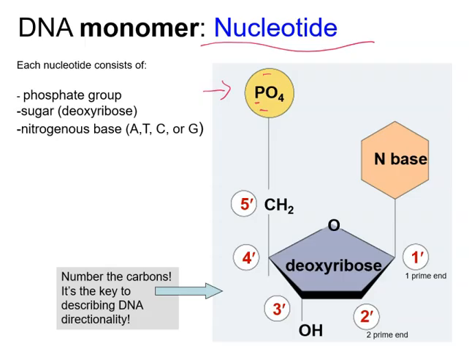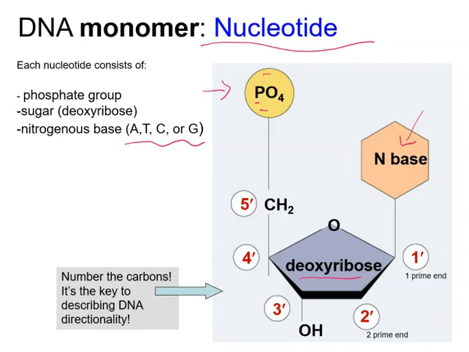And this is the reason why DNA naturally has a negative charge, because this phosphate group is sitting in its backbone. And the next component is deoxyribose sugar. We can also call it pentose because it has 5 carbons in its molecule. And then nitrogenous base. So nitrogenous base could be any of the 4 bases: adenine, thymine, cytosine, or guanine.